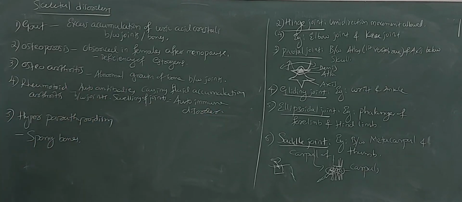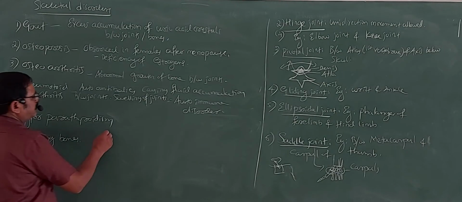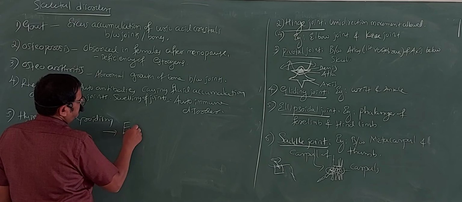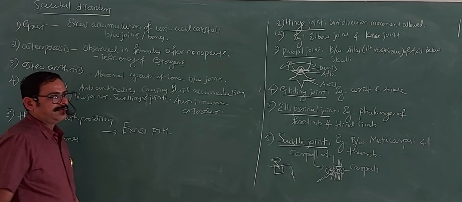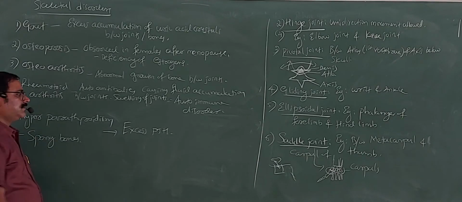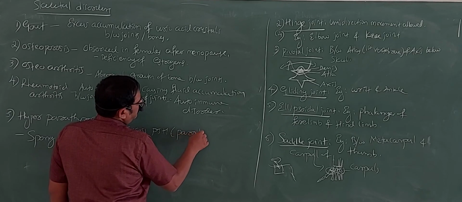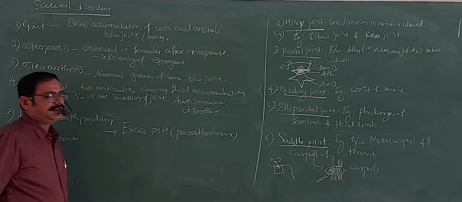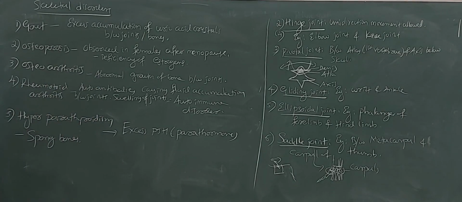The next one is hyperparathyroidism. It produces excess PTH. PTH means parathyroid hormone or parathormone. It is also called the hypercalcemic hormone. Why?